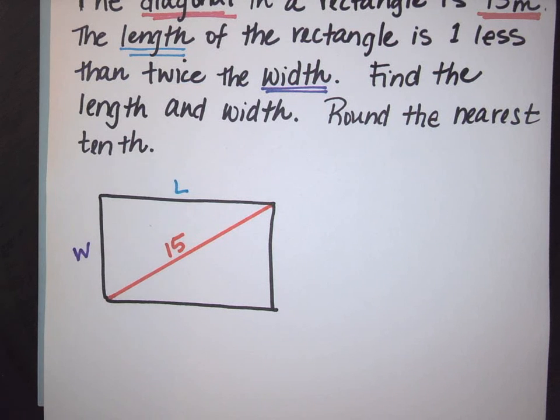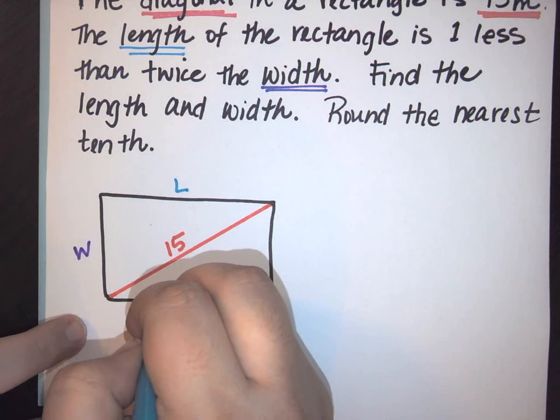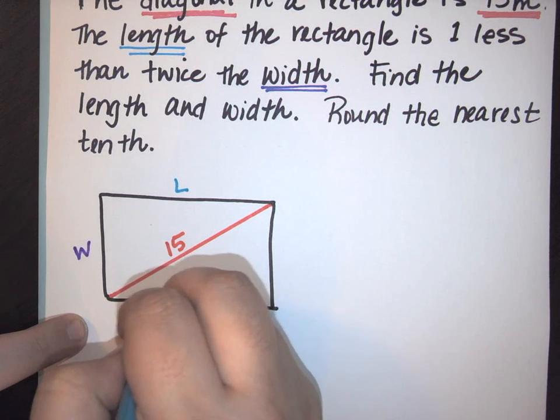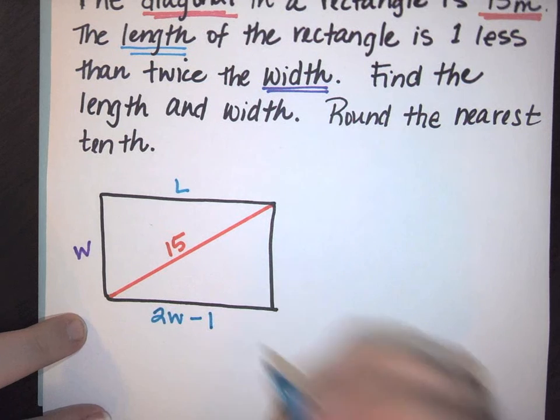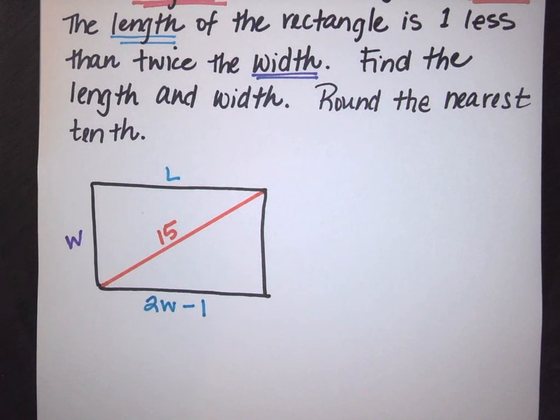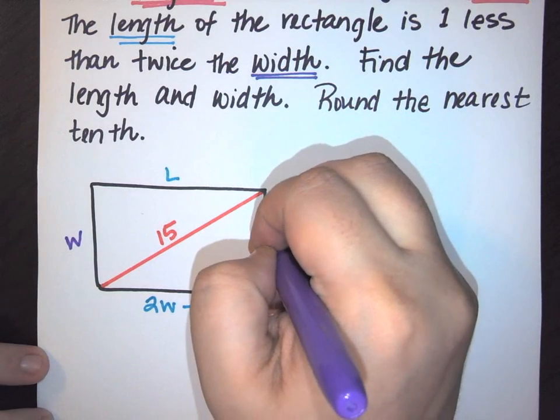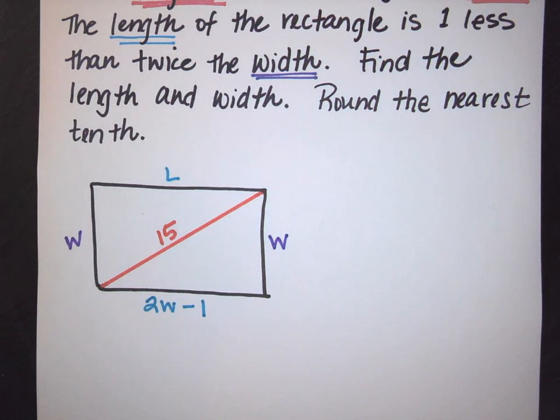Furthermore, the problem told us that the length of the rectangle was 1 less than twice the width. So this says that our length is going to be 2w minus 1. And then the question wants you to find the length and the width. So the one thing that we don't know is we don't know anything about our width. So we'll go ahead and input our w's here.